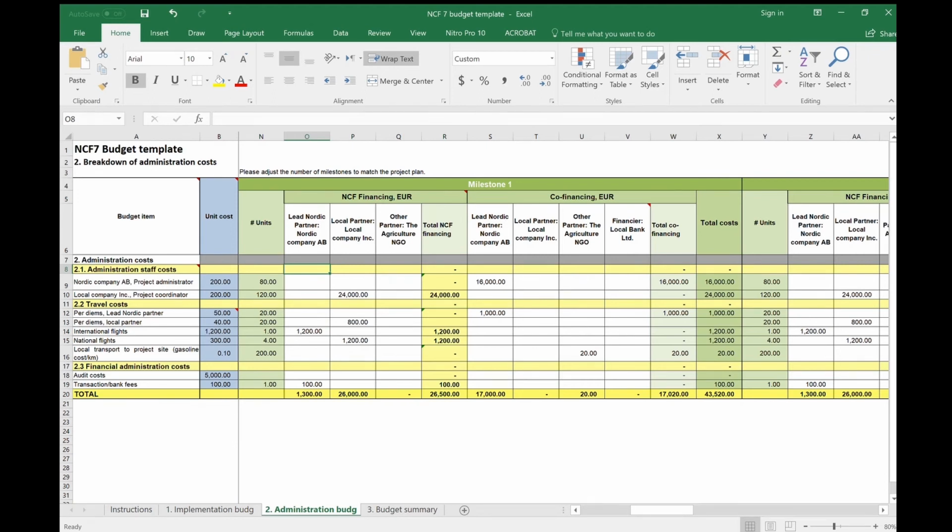Again, as for the implementation budget, make sure that the formulas for the budget headings sum up all budget lines that are included under each budget heading, and that the milestone subtotals and totals formulas include all relevant cells.